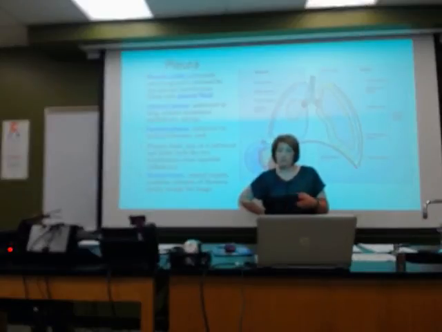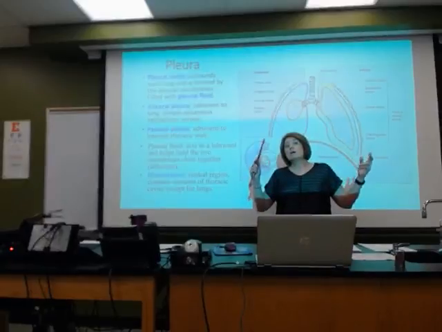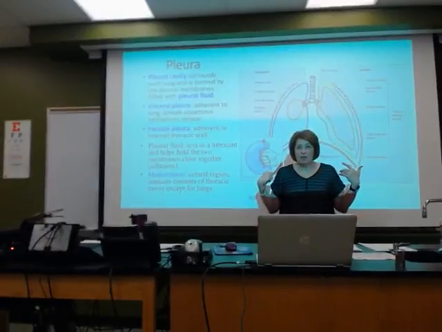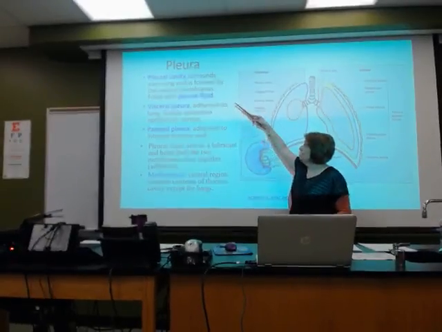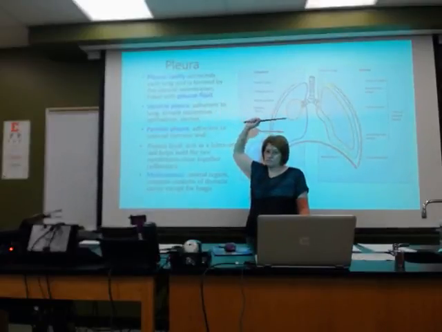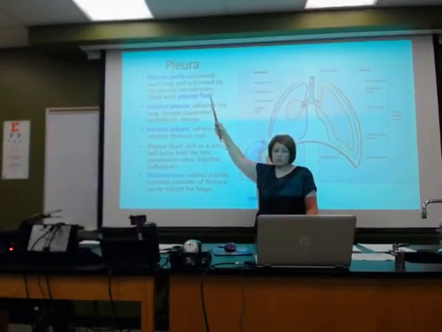So you don't say that the lungs have the same covering as the thoracic cavity. They're found in the thoracic cavity, but it's within the pleural cavity because it's surrounded by the pleural membrane.